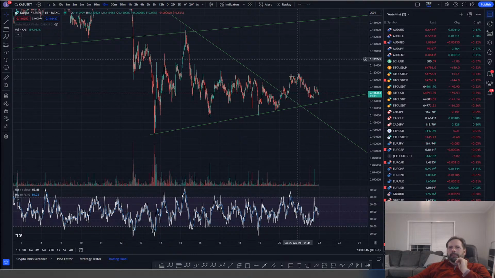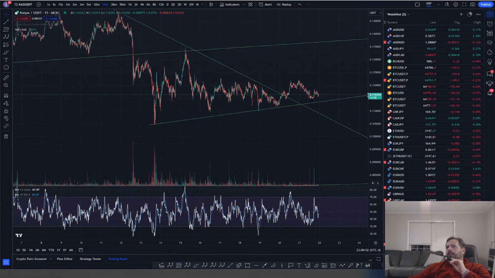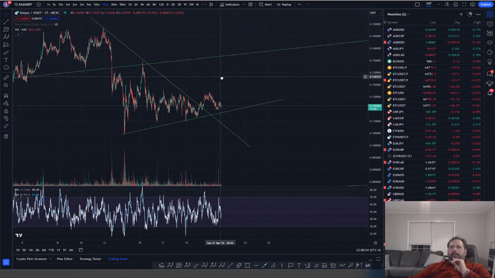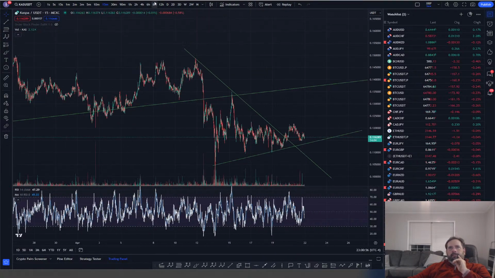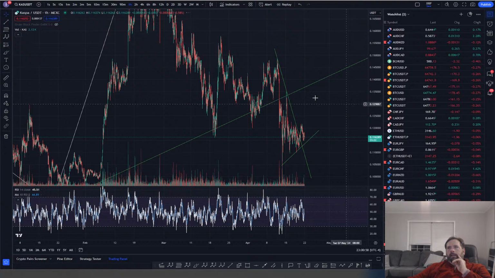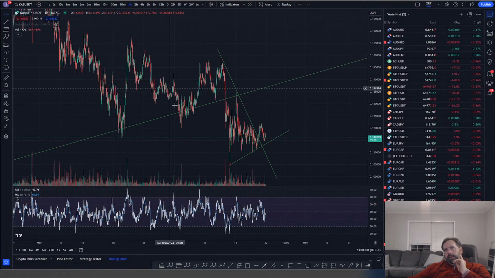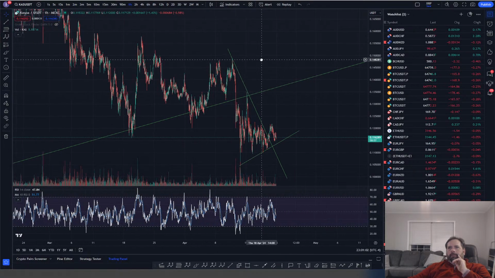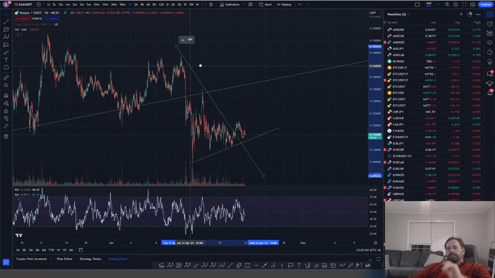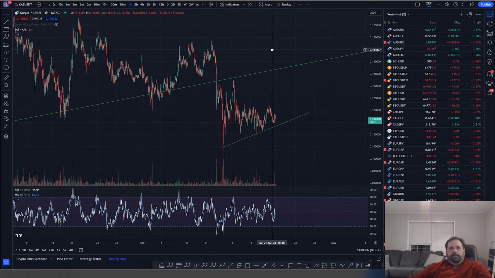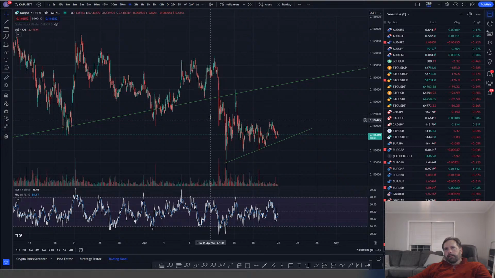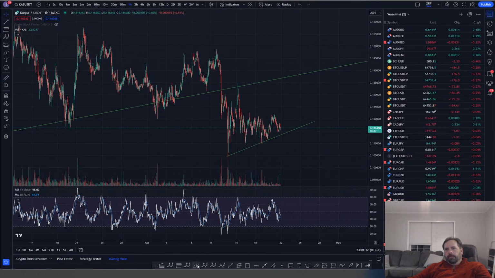Yeah, that's definitely not a clean triangle to me. It's not a clean triangle at all. Unless you're talking about this one right here. But the problem with the triangle is that the E wave overtook.